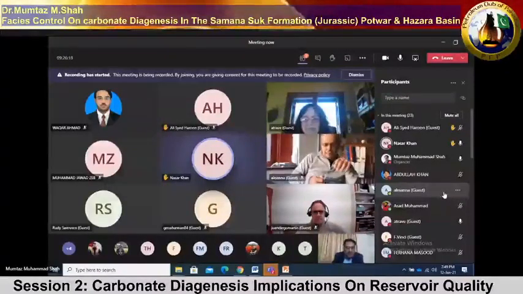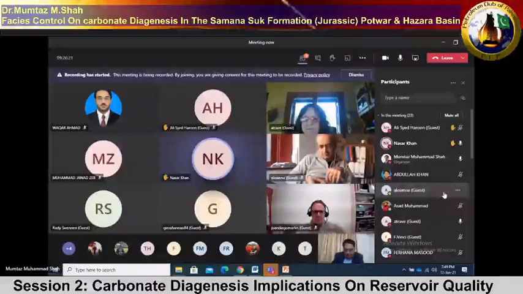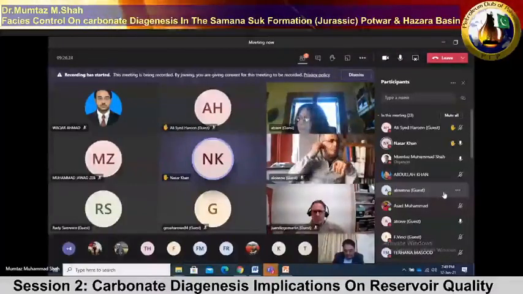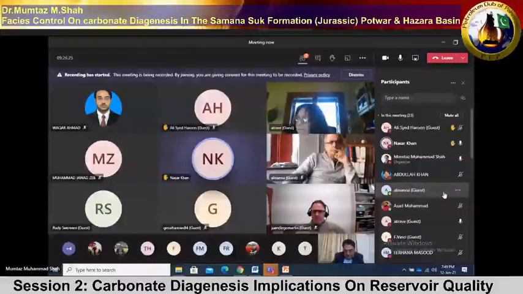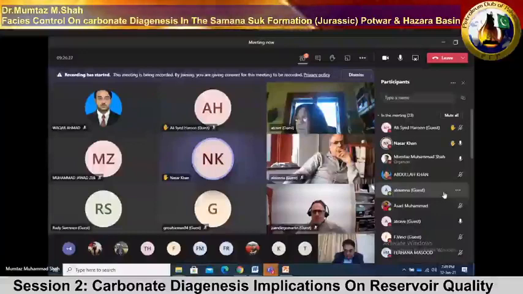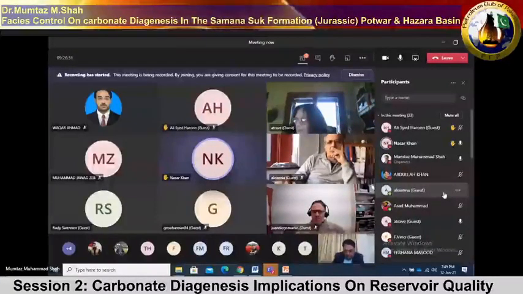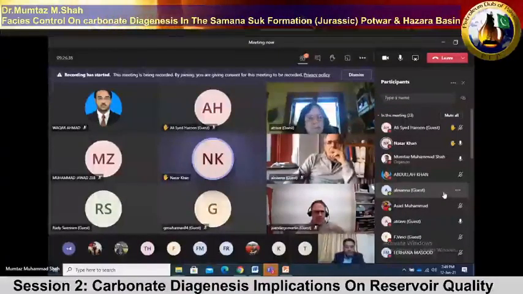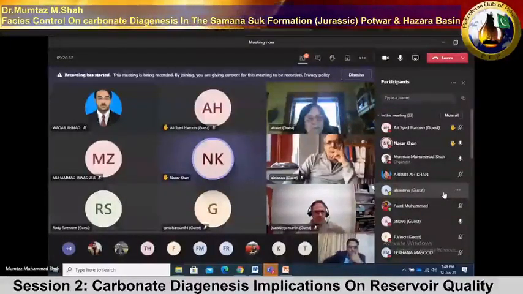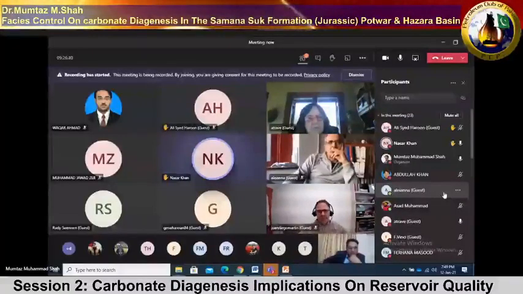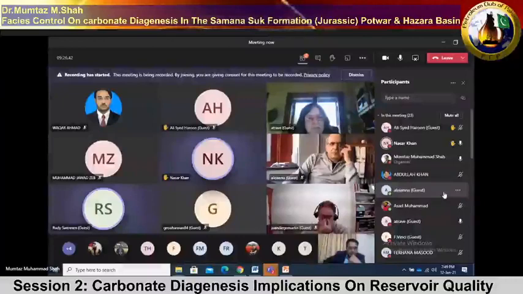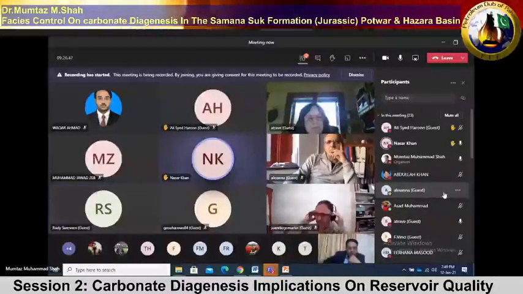And then, by the way, I would like to ask a question regarding the origin of the iron magnesium rich fluid that caused the dolomitization in the Samana Suk formation. Is there any specific origin, either that the magnesium rich fluid was from a closed system, or it was an open system?